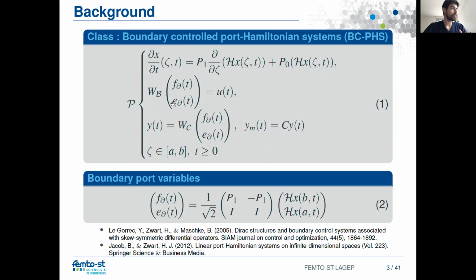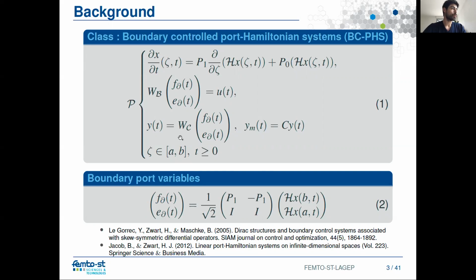The boundary conditions are a linear combination of these effort variables. You can see here that we define boundary variables F and E that depend only on the PDE structure and the effort variable evaluated at the boundaries. So here we have an input that we can impose on this system.